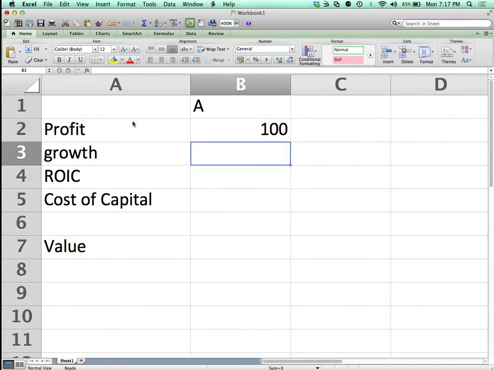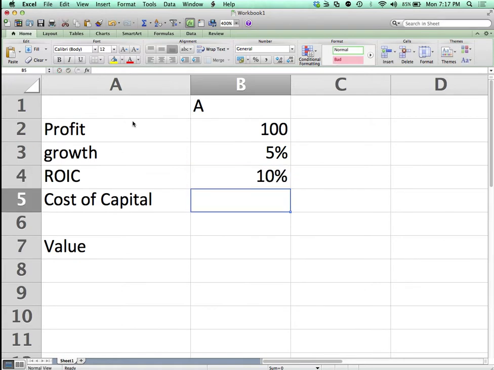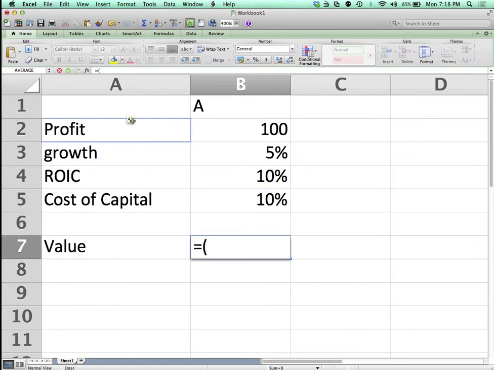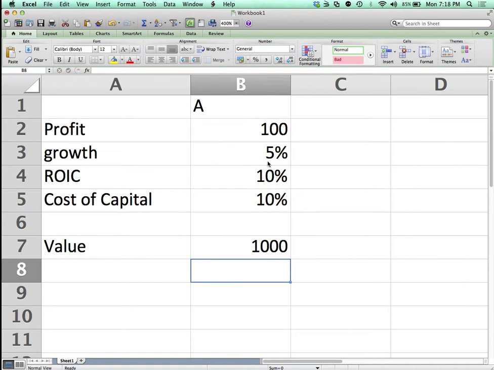The example we had previously used is, what if you had a company with $100 million of profit, a 5% G, or sustainable long-term growth rate, a 10% ROIC, and a 10% cost of capital? Applying the key value drivers equation of profit times 1 minus the growth divided by the ROIC, and dividing that by the cost of capital minus the growth rate, that says the firm would be worth $1 billion.